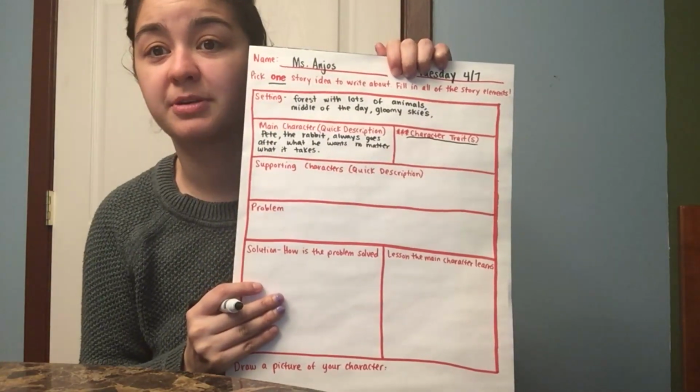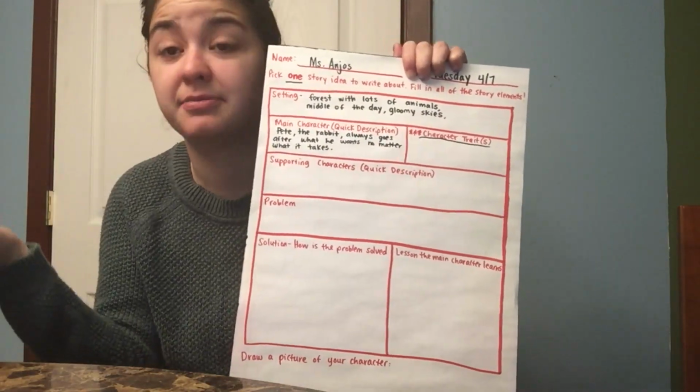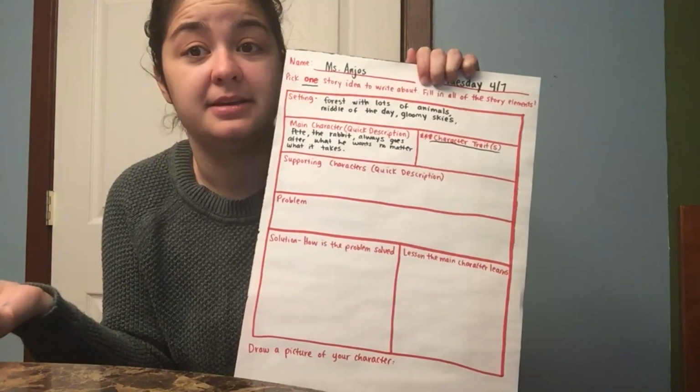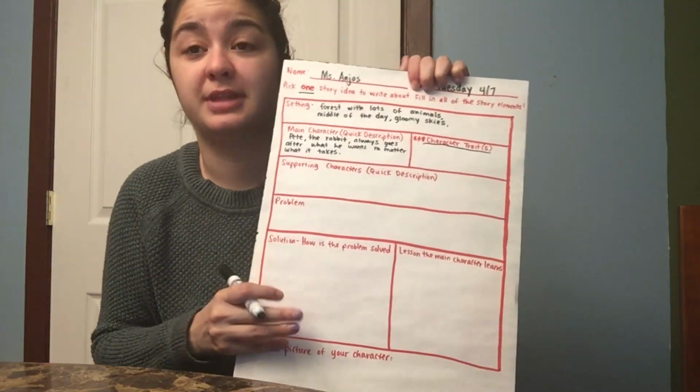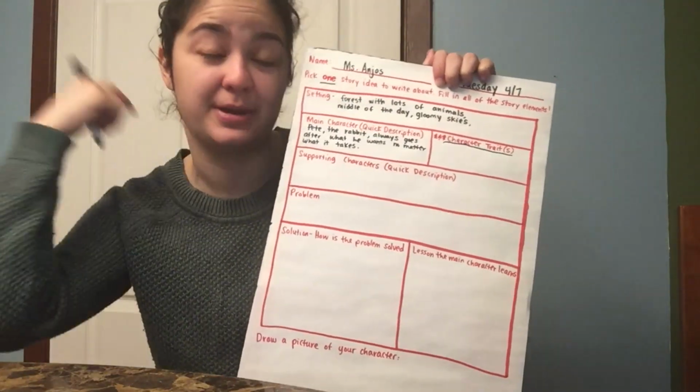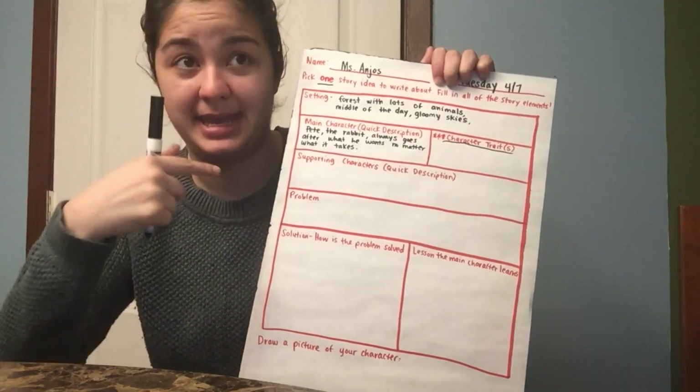Okay, I give one sentence that's a quick description. Now I have an idea as the reader of what Pete is going to be like, so that when things happen to him, because I know what he's like, I may have an idea of what he'll do.